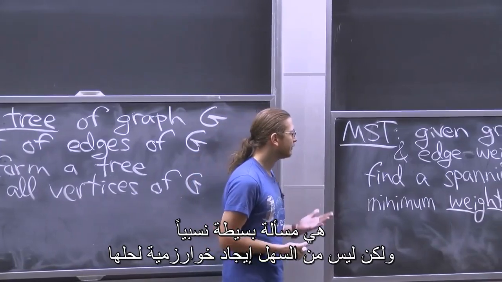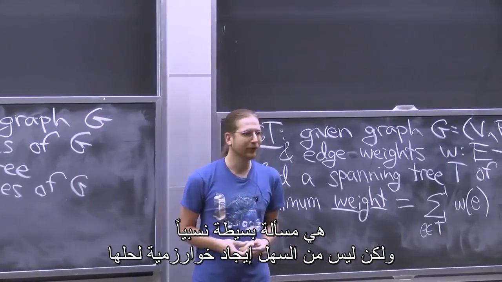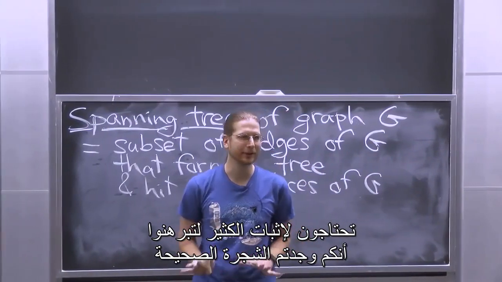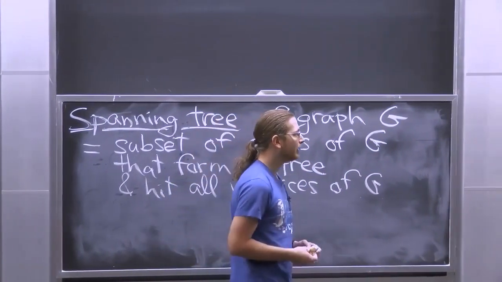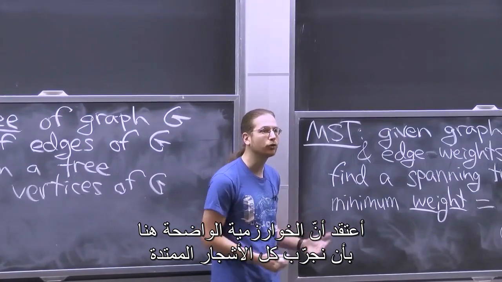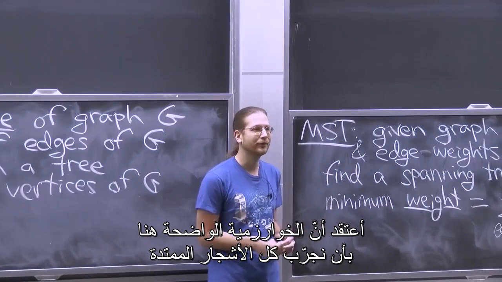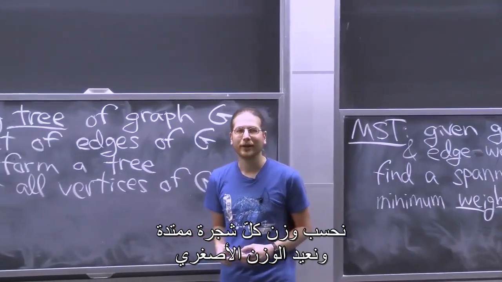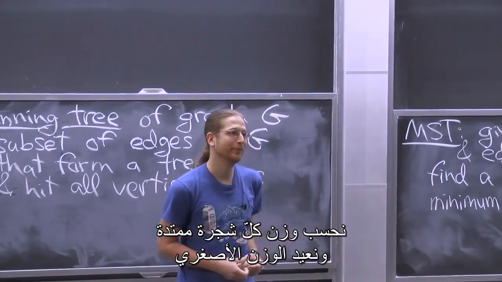It's a relatively simple problem, but it's not so easy to find an algorithm. You need to prove a lot to make sure that you really find the right tree. I guess the really naive algorithm here would be to try all spanning trees, compute the weight of each spanning tree, and return the minimum. That sounds reasonable.